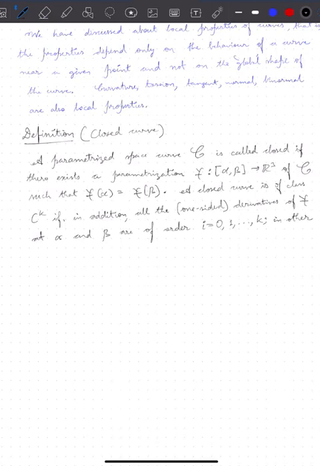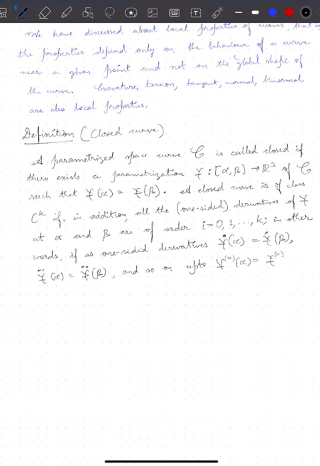In other words, gamma alpha is equal to gamma beta, likewise gamma dot alpha equals gamma dot beta, gamma double dot alpha equals gamma double dot beta, and so on up to the derivative of order k at alpha equal to that at beta.